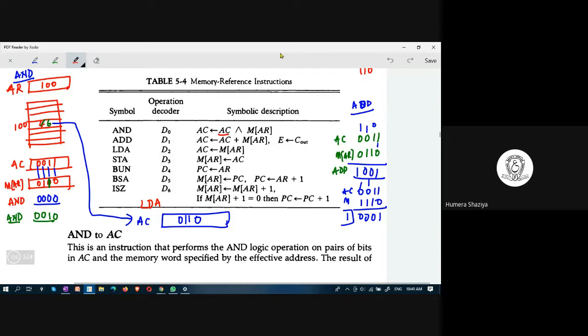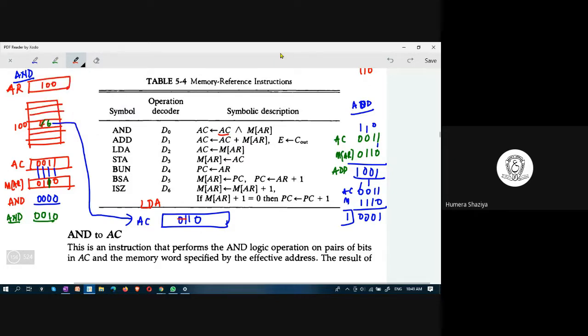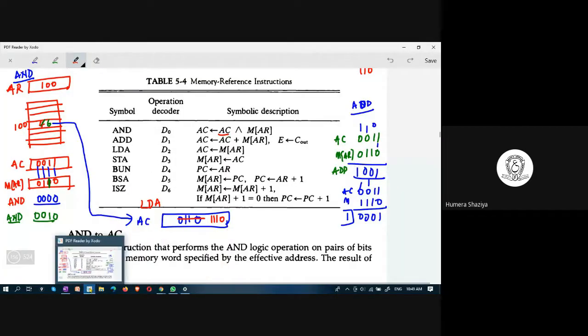AC has another value, 3 ones and a 0. In STA, M of AR is equal to AC. Whatever is in AC, you are storing into memory.